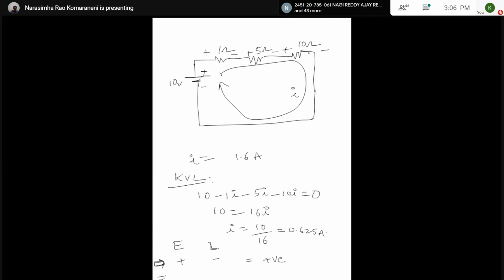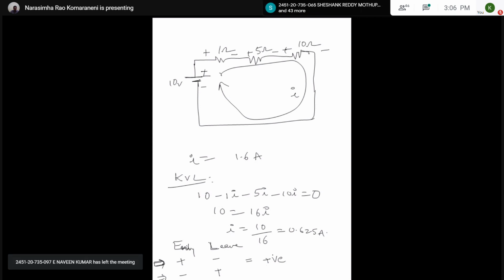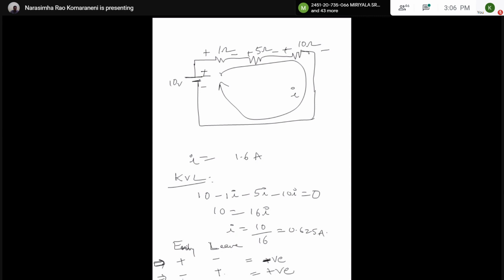And similarly, if conventional current is entering at negative and leaving at positive, we have to treat it as the opposite sign.